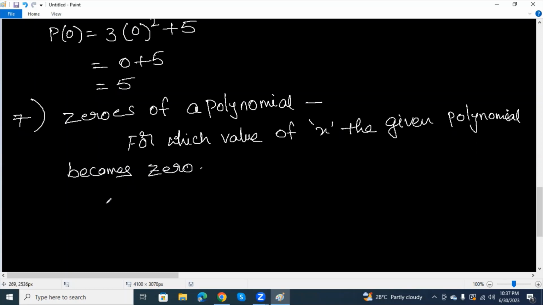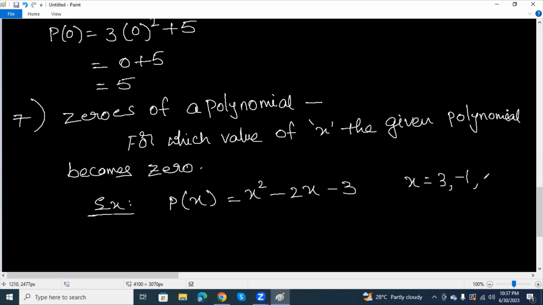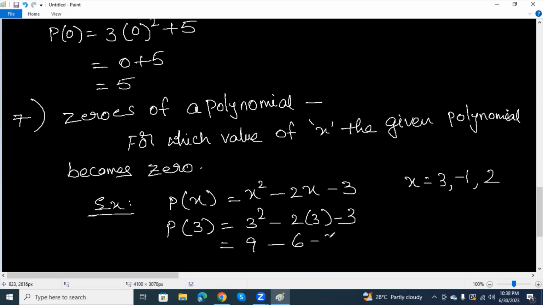Okay. Suppose, we'll see an example. p of x is equal to x square minus 2x minus 3. So, here x is equal to 3, minus 1, 2. So, let's substitute. p of 3, in place of x, let's substitute 3. 3 square minus 2 times 3 minus 3. 3 square is 9. 2 times 3 is 6, minus 3.